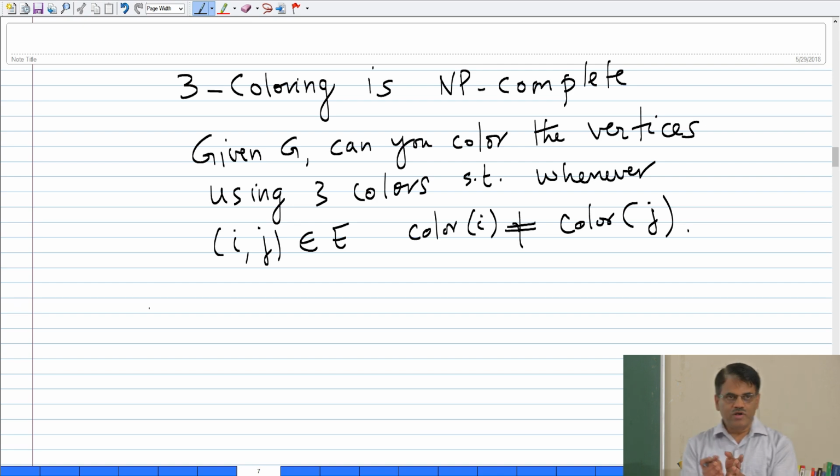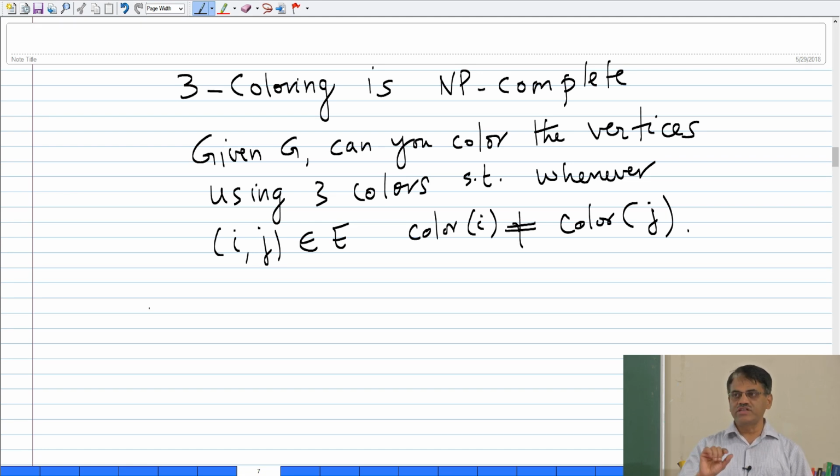So again, I am not proving that the problem is in NP. How do you show it is in NP? Yeah. So what is the certificate, the proof? A 3 coloring. So you give a 3 coloring, and that's a proof.